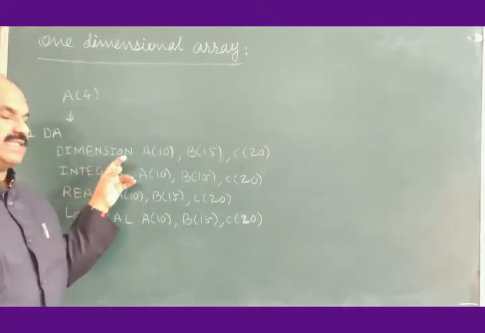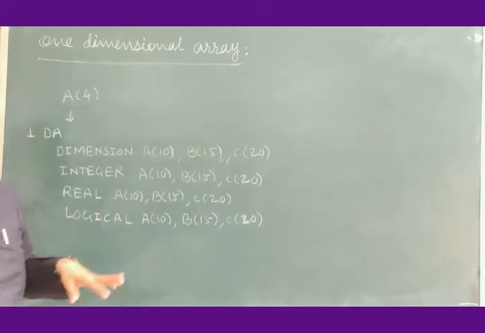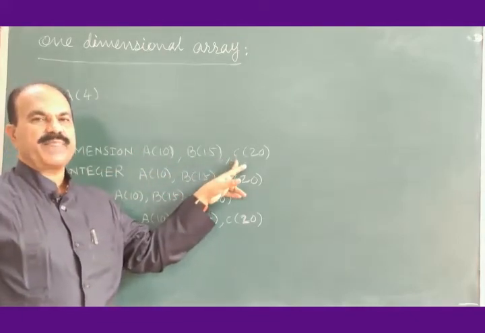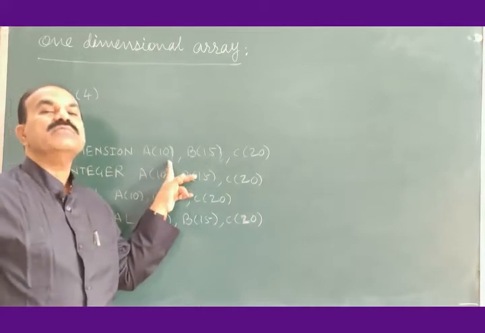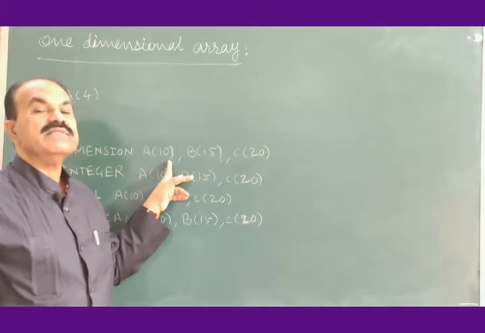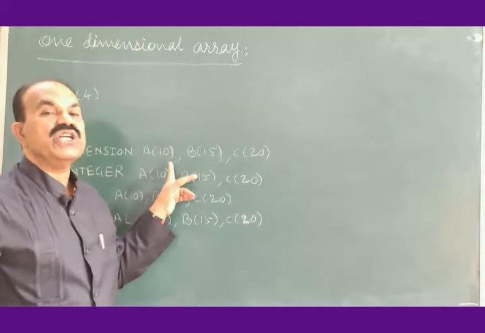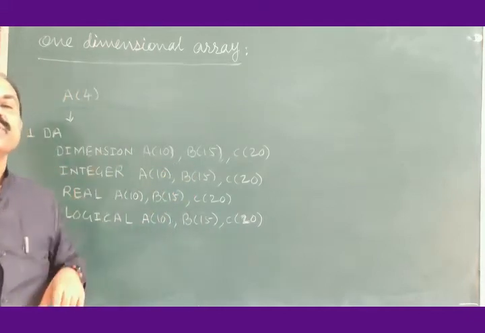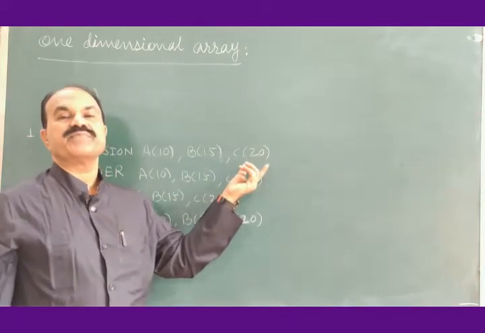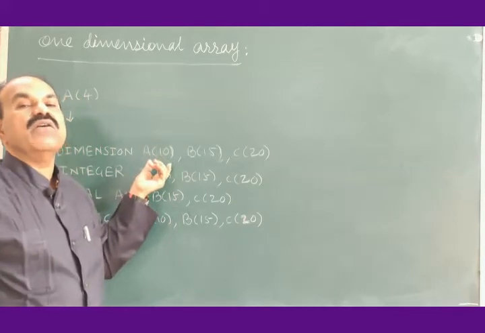When we write this DIMENSION A(10), B(15), C(20), this is a one-dimensional array, this is a one-dimensional array, this is a one-dimensional array. The elements may be integer, real, logical, or character.